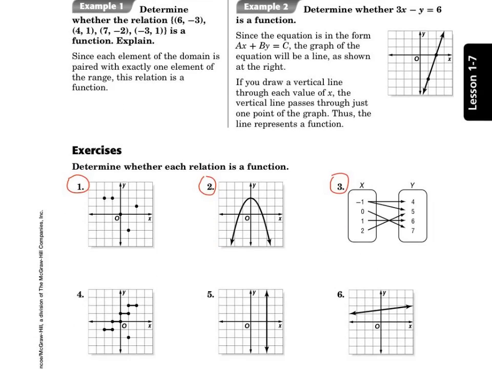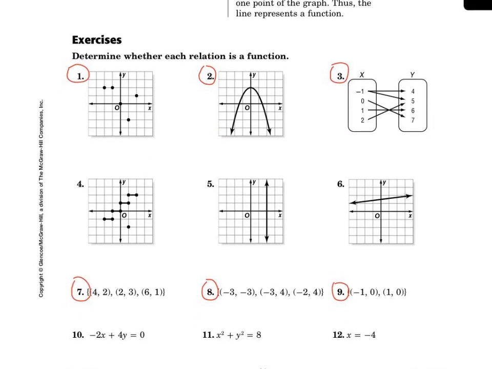For some independent practice, I want to do one of these with you. Actually, I'm going to let you do 1, 2, and 3, but I'm going to do 4, 5, and 6 for you, just to show you the vertical line test. Look at number 4 with me. On number 4, there are various places on this that I can draw a vertical line and hit more than one point. So that means this is not a function.